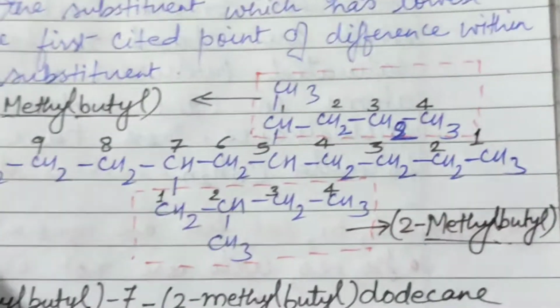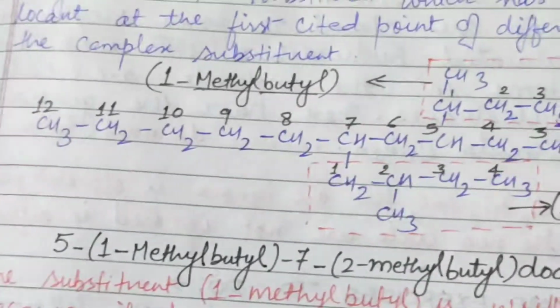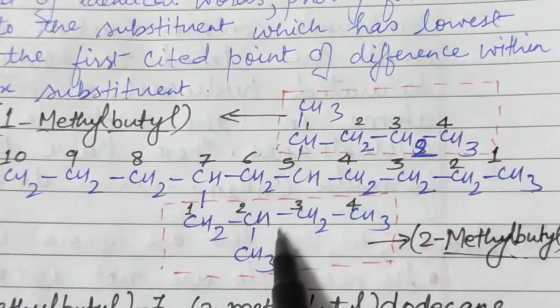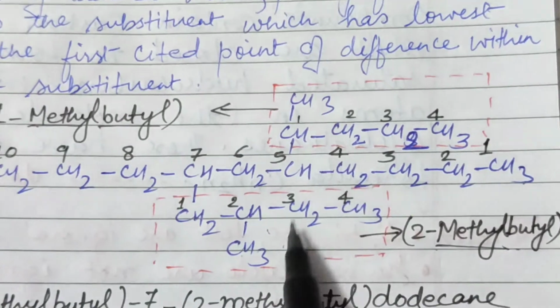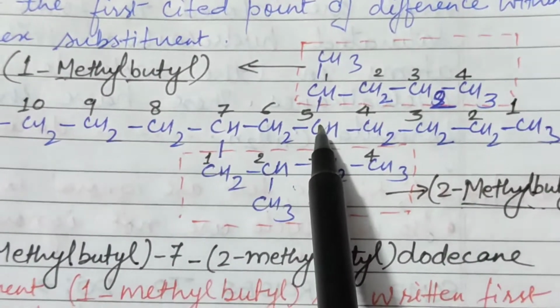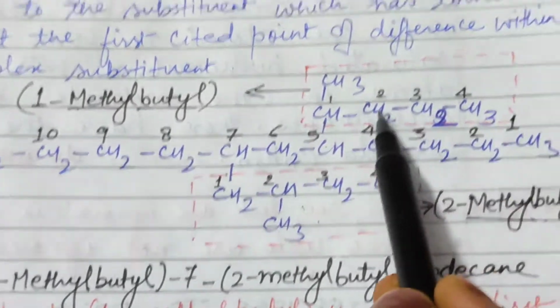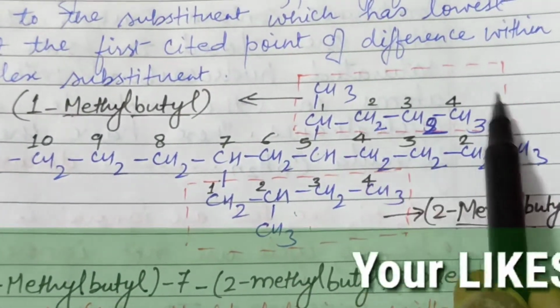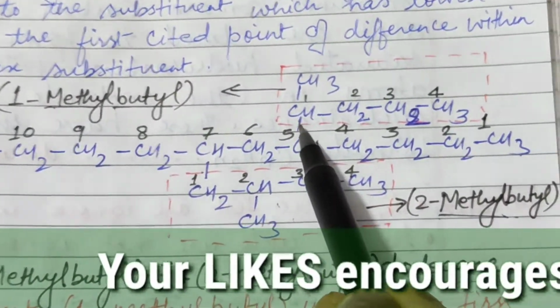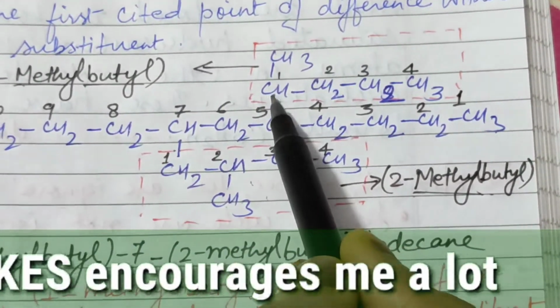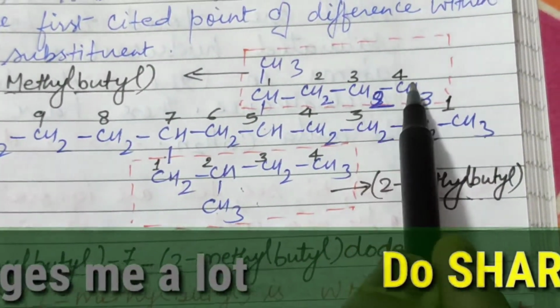in this example 12 carbon atoms are present in the main chain, 2 complex substituents are present here on the 5th position and at 7th position. However, when you will do the numbering of complex substitution, then the numbering will be from here. It will be 1, 2, 3, 4.